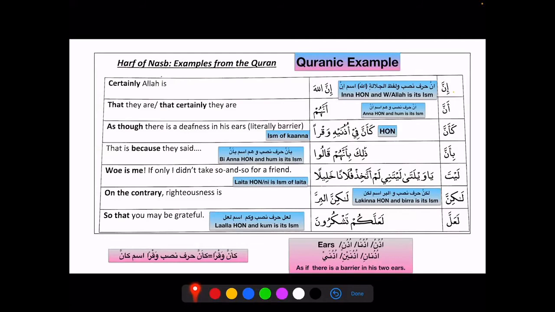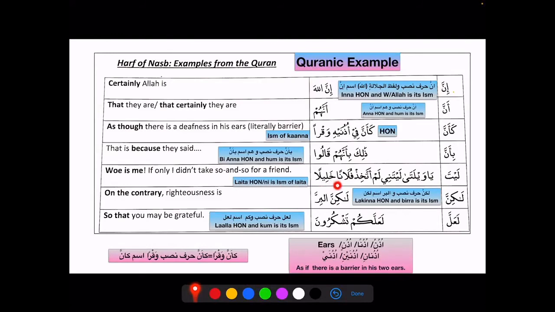Then later, in Quran Pak we will see ya wailata, so a great regret. Laytani, I regret. Lam attakhiz, that I did not make or take. Fulanan means so and so. Khalila, a friend. This is really a big regret of the disbeliever, on the day of judgment, not only disbeliever, actually it could be anyone.